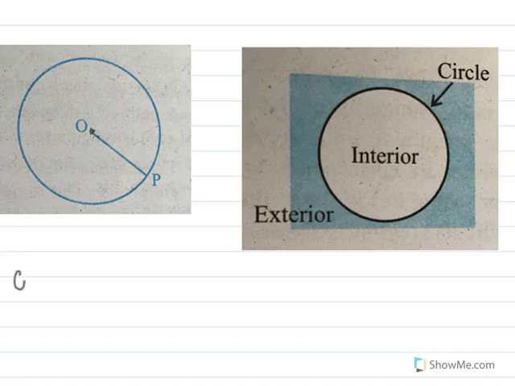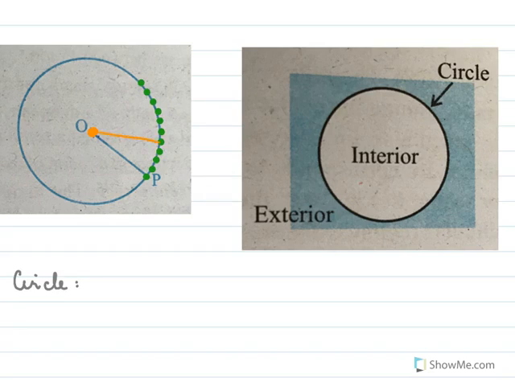We'll first define a circle. Now how do we draw a circle? We take a fixed point and then we mark all the points that are equidistant from this fixed point. Like all these points are equidistant from the fixed point, which is the center.